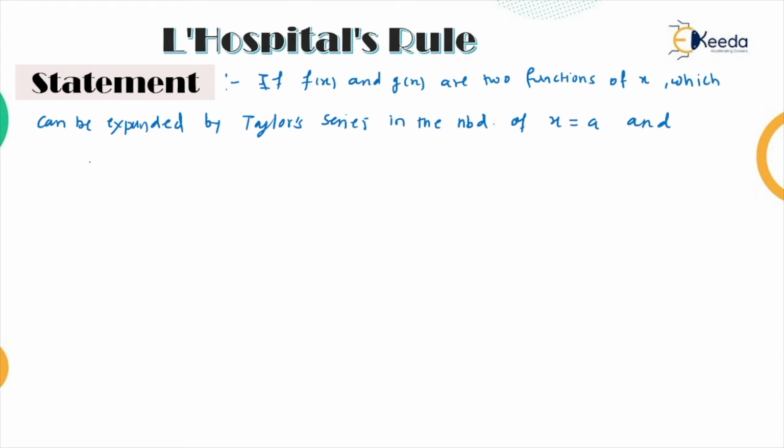If the limit as x tends to a of f of x is equal to 0, how will it be 0, guys? I am writing here once again.